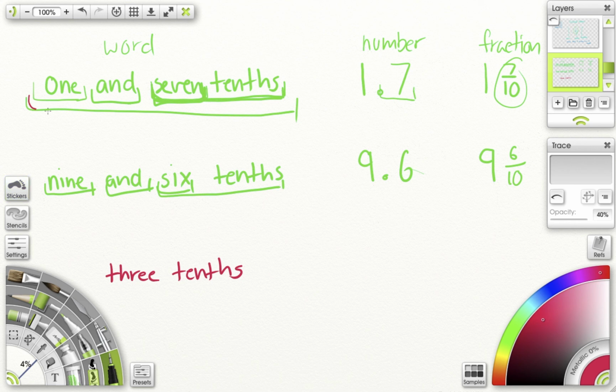We don't have this first section, meaning this decimal does not have a whole number in front of it. Meaning that whole number, if nothing is written there, that means it's 0. 0 and 3 tenths. It means 0.3.